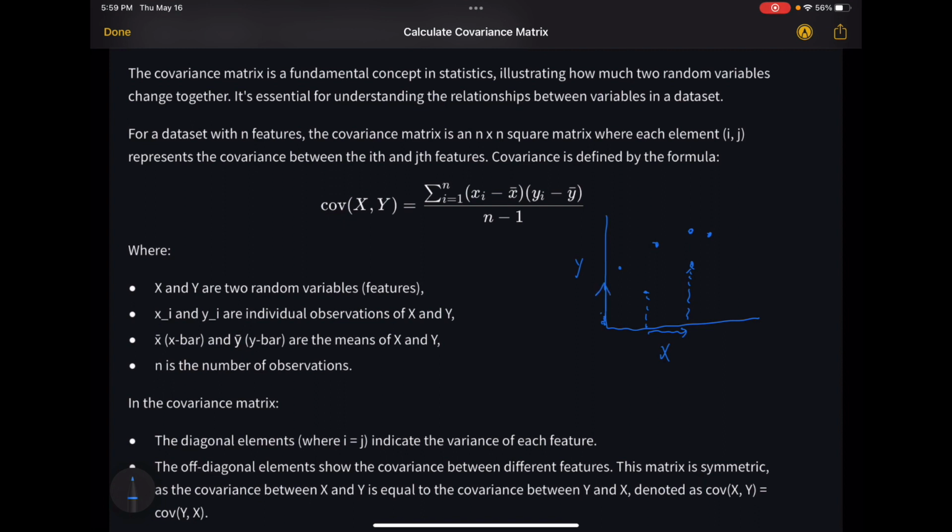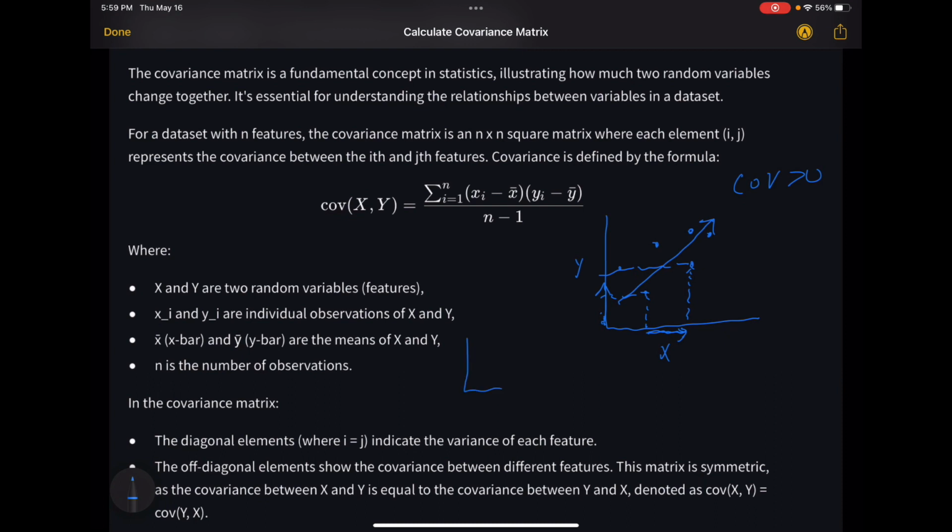So x goes up, so that was there. This one went up too because it was farther on the x-axis. So with this relationship, we say this has positive correlation. So that means the covariance would be greater than 0.